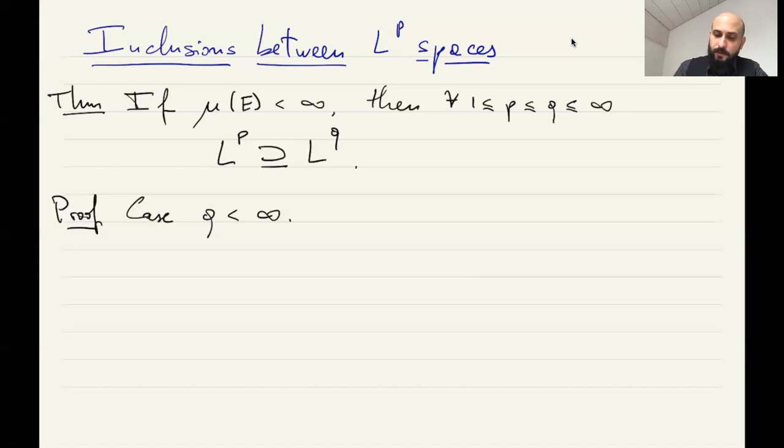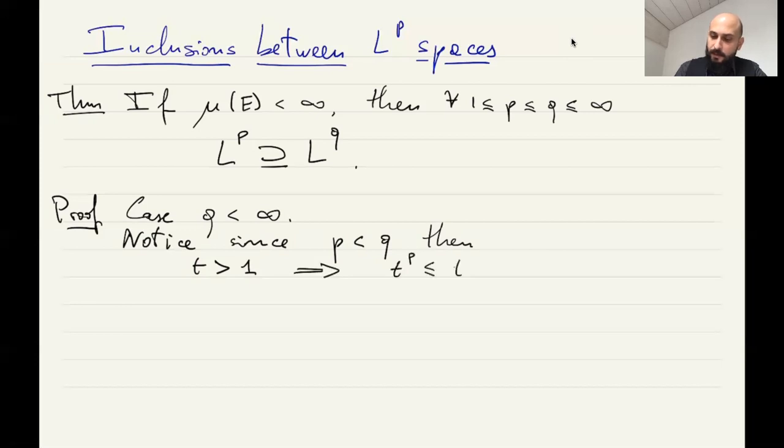Now I want you to notice that if you have two numbers, P less than Q, and a value T greater than 1, then taking the power to P and Q preserves the order: T to the P is less or equal than T to the Q. Instead, if T is in between 0 and 1, the inequality gets reversed, but let's not consider that.